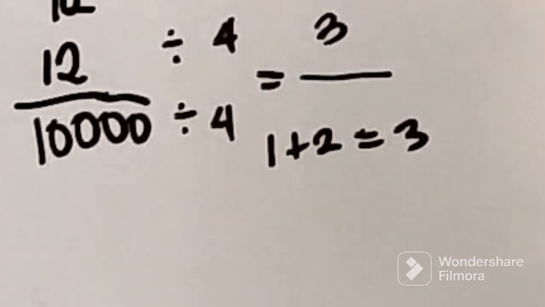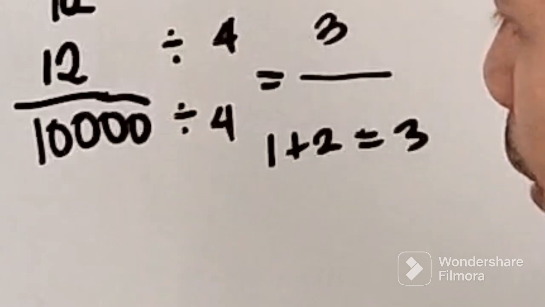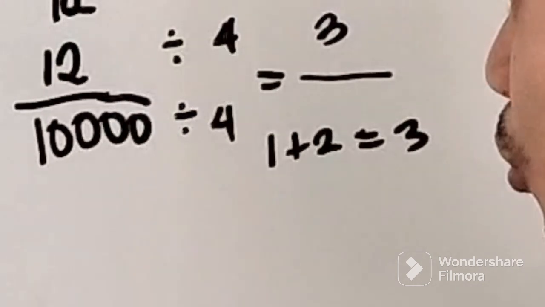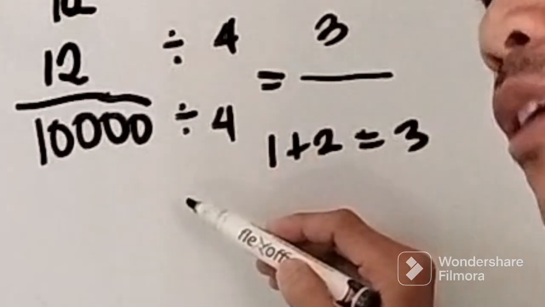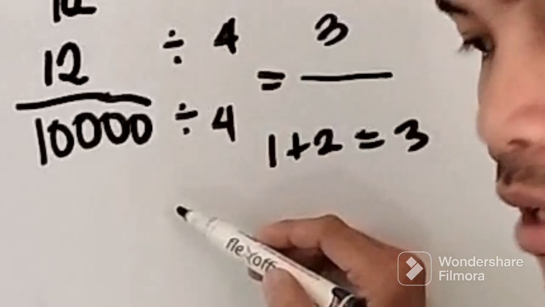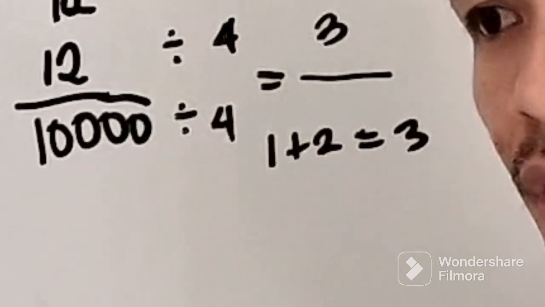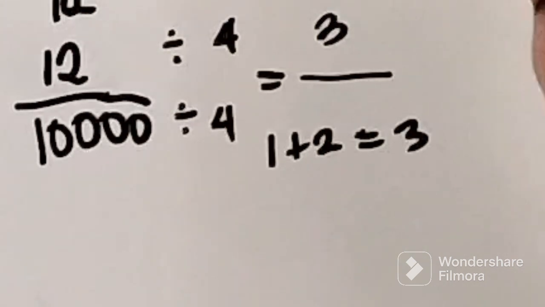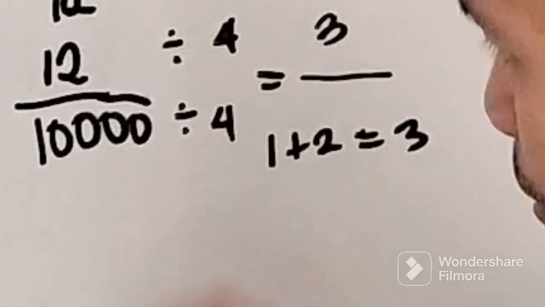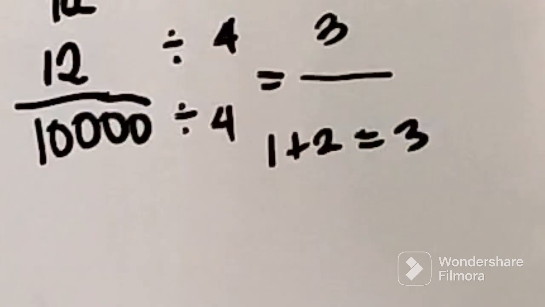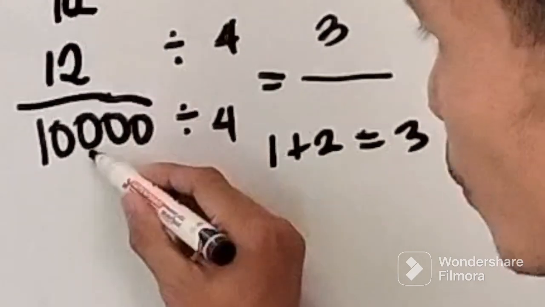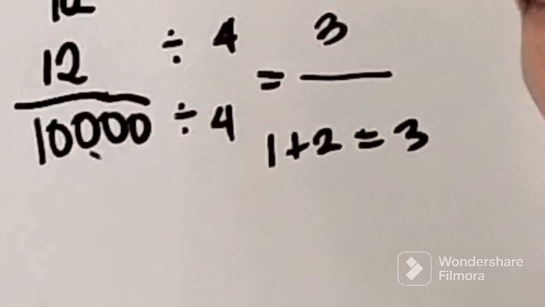You can also do this: divide 10 by 4 first. 10 divided by 4 is not perfect, because if you divide 10 by 4, we have the answer of 2 with remainder 2. There should be no remainder. So now, let's add another 0. 100. Can we divide 100 by 4?